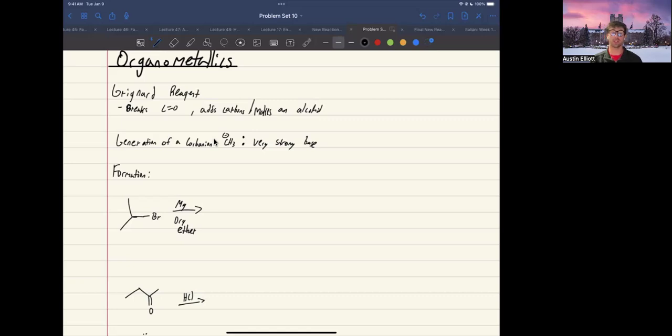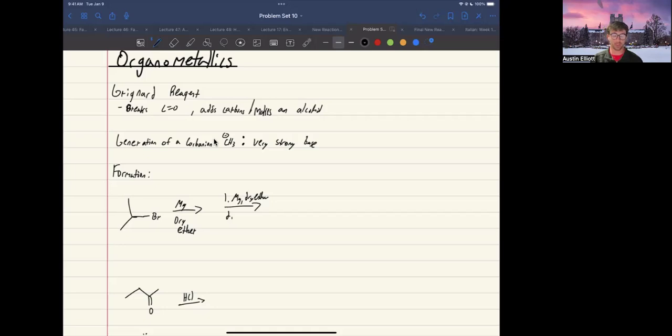When you have all of these things together, that signals that there is going to be Grignard formation. A lot of times it'll be written out like this: step one, Mg, dry ether, and then step two is some carbon chain or something.